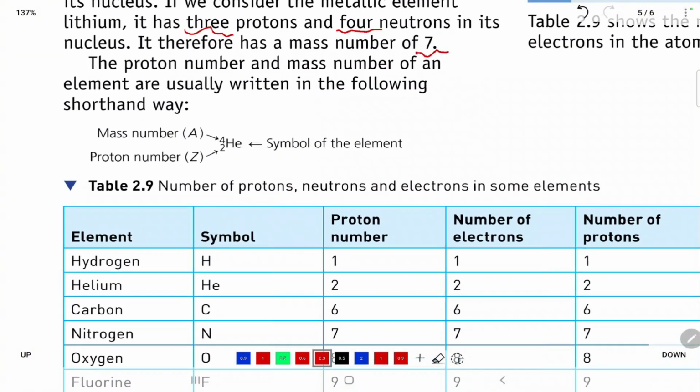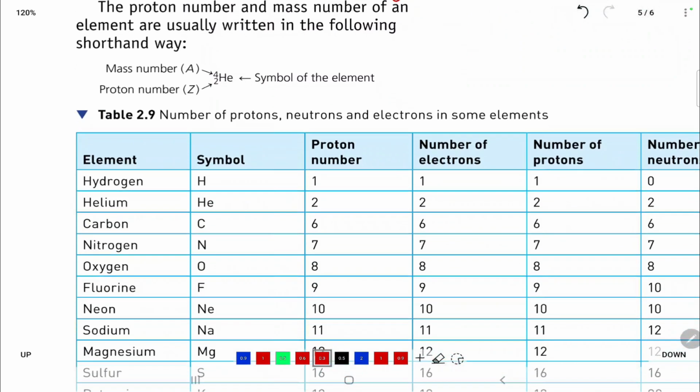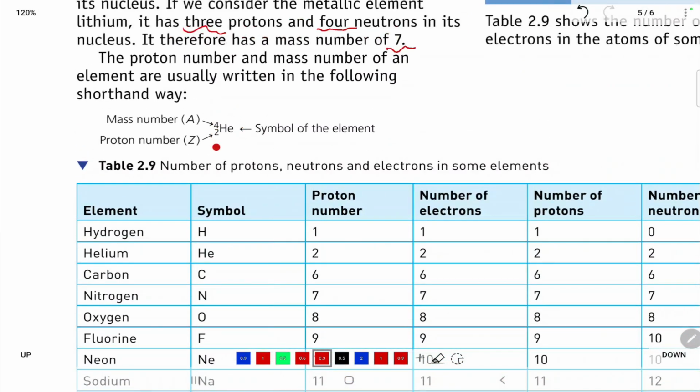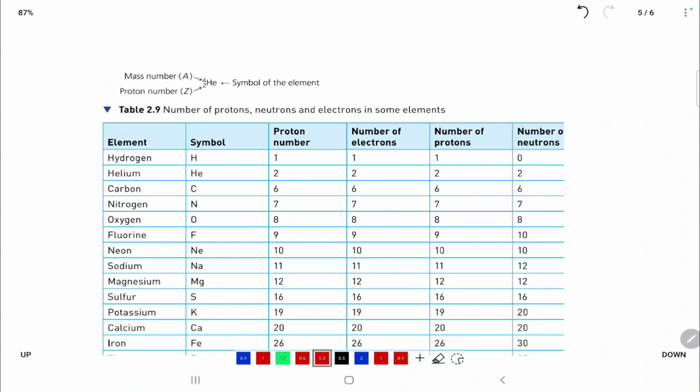Usually these are listed; this is for helium, but for other elements all are listed in a table like this one.